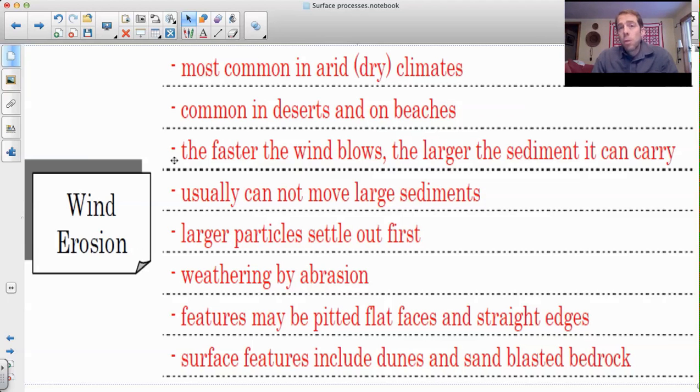So the faster the wind blows, just like water, the larger the sediment it can carry. Again, because it's speed dependent, you get sorted sediments. It usually can't move the very large particles, so we're talking silt, sand, clay materials that get picked up and carried.